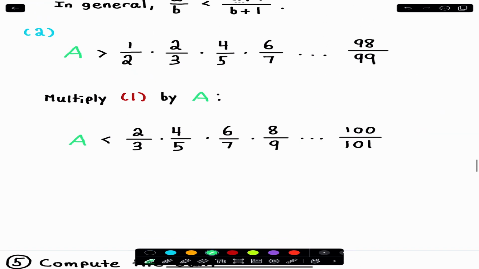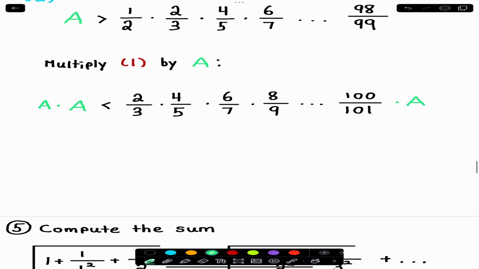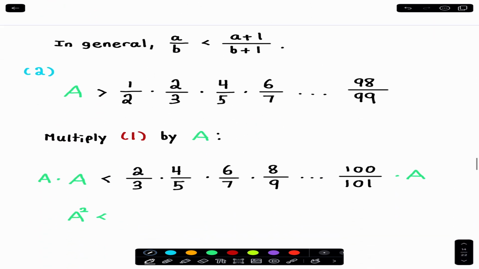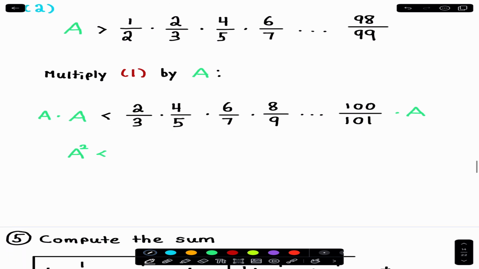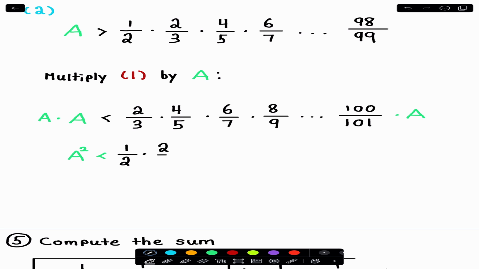What we're going to do is multiply by A on both sides. This left-hand side just becomes 2 copies of A, which is A squared. And if we recall what A was at the start, we said A was just this original expression. And now, if we just multiply A by what we found over here, we get this telescoping product.